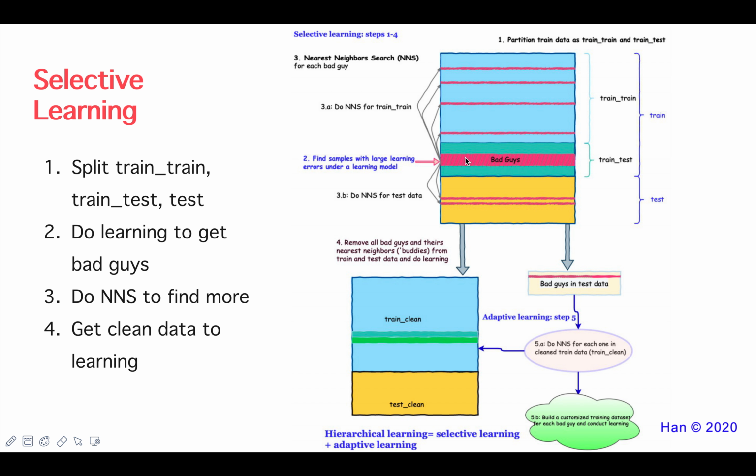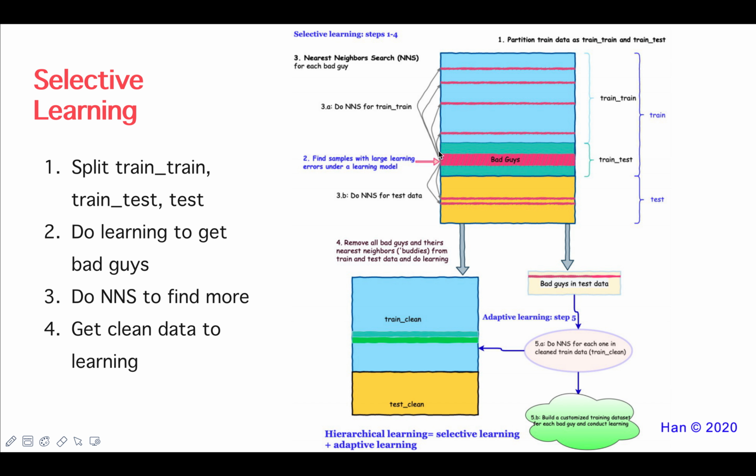Then we will compare the result with the test and get the MSE. Then we will rank the MSE and find the biggest top 10% MSE, and think they are bad guys.